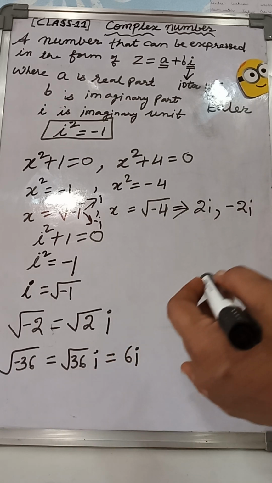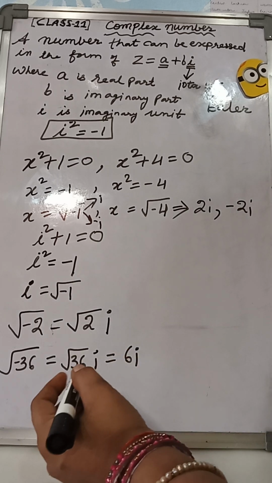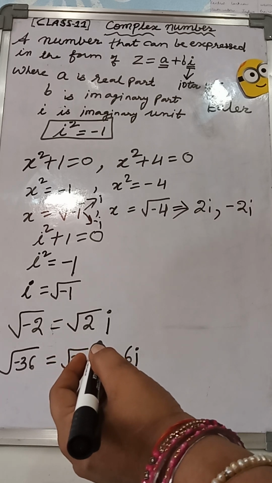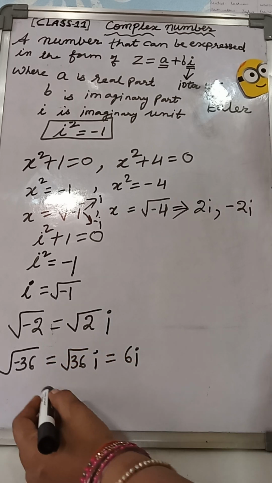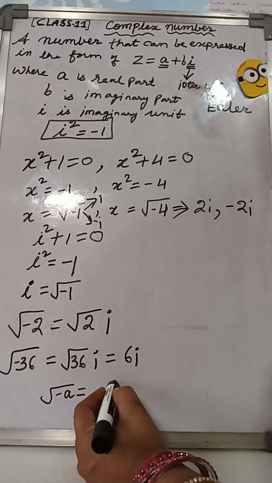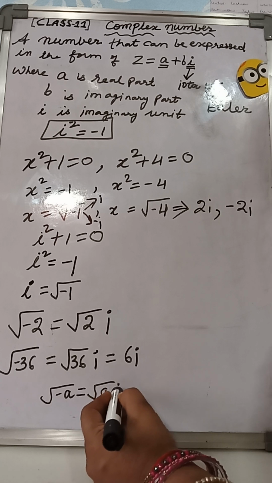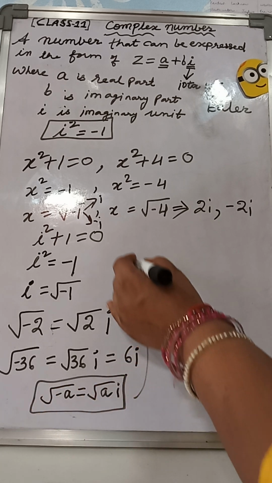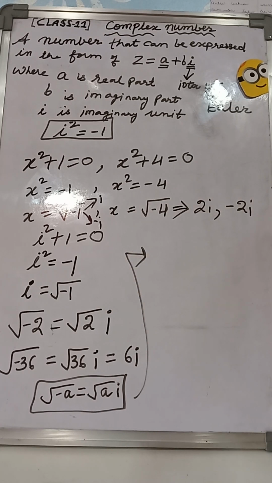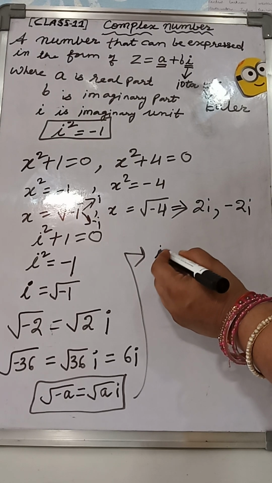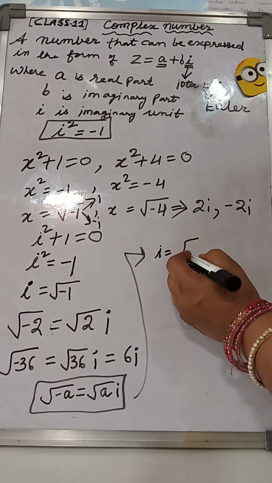So they introduced numbers that are square root of any negative number. So root of minus a equal to root a iota. This is complex number.